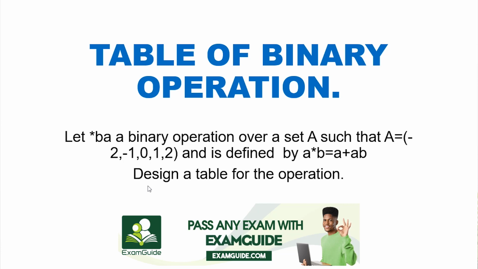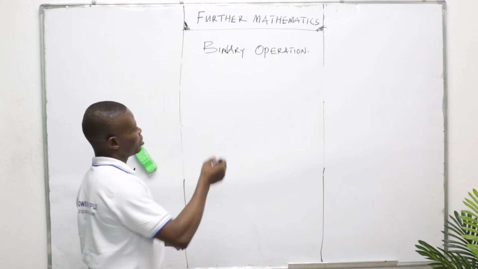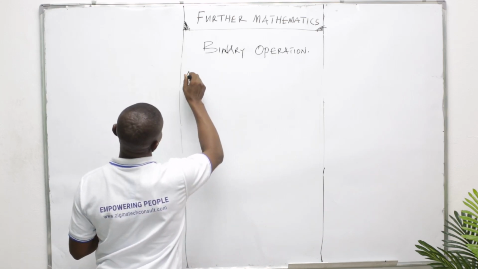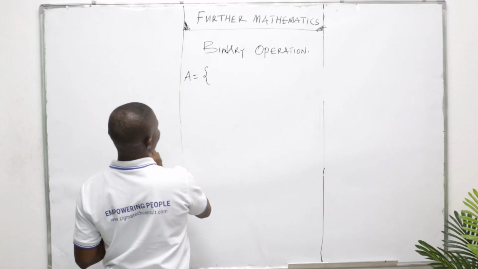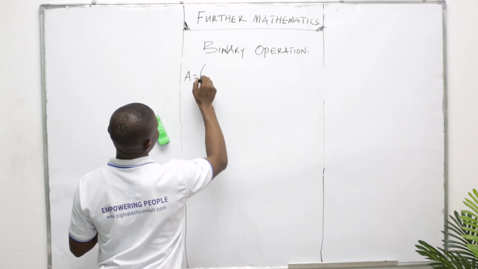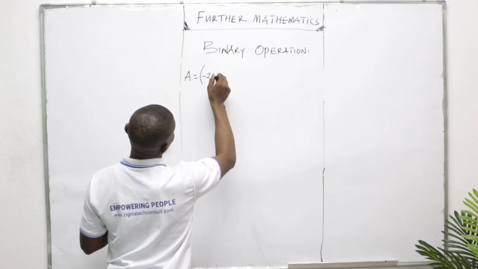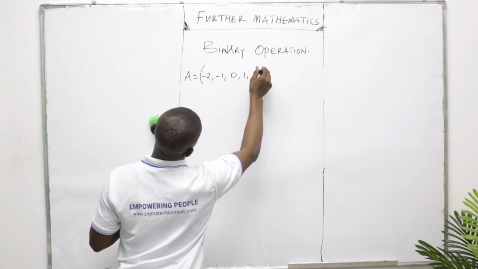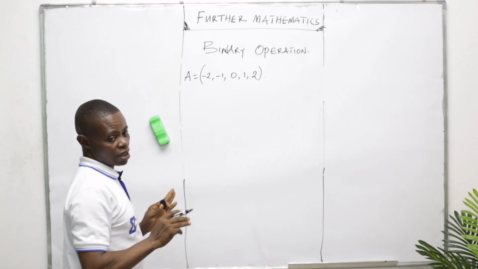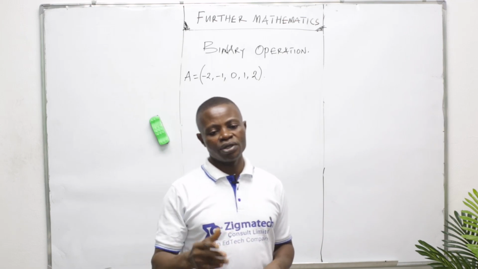Design a table for the operation. No cause for alarm. All you need to know is that particular values were assigned to A, which include -2, -1, 0, 1, and 2. Now we are to design a table for this operation.